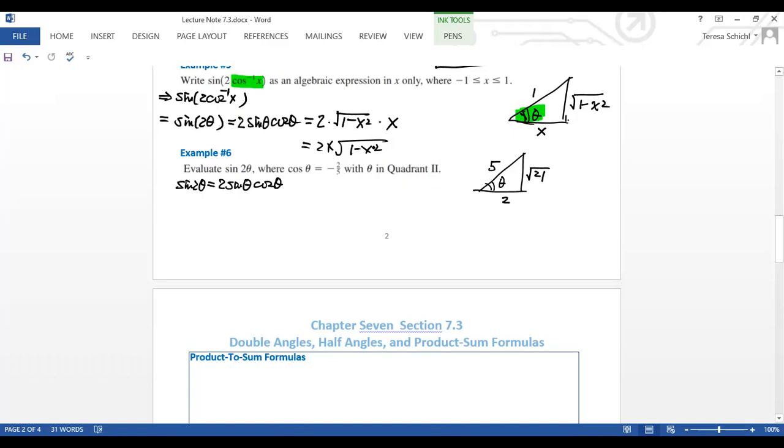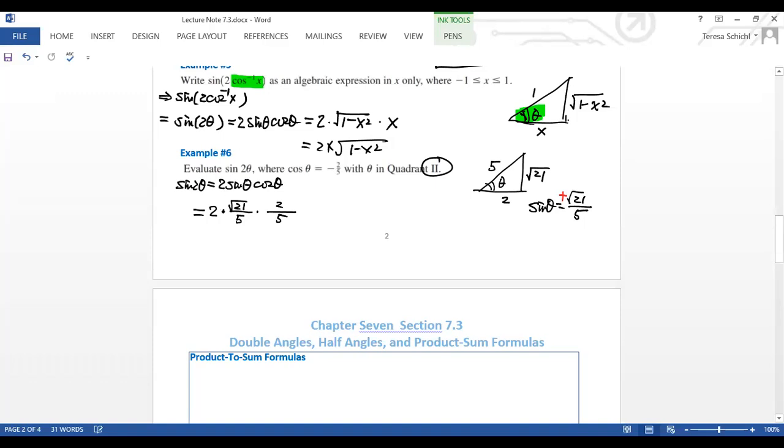Because theta is in quadrant 2, what is the sine theta? Sine theta is equal to the square root of 21 over 5. Because it's quadrant 2, the sine is positive, right? Now I can substitute these values. This will be 2 times the square root of 21 over 5 times the cosine, which is 2 over 5.